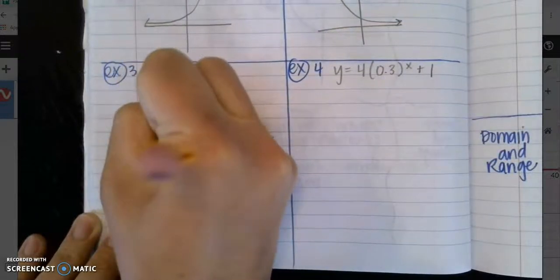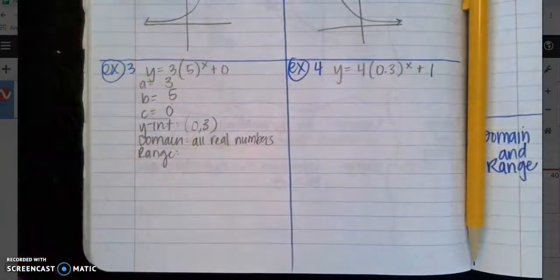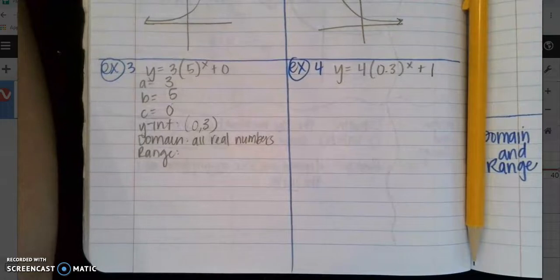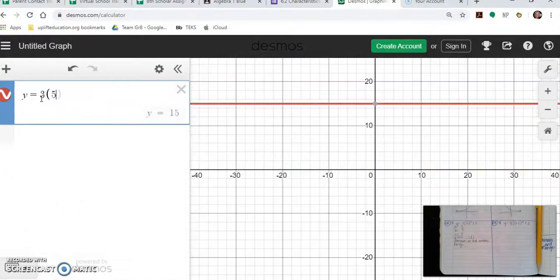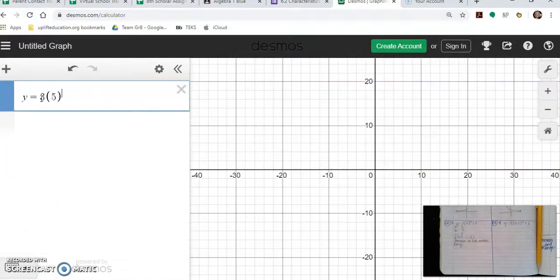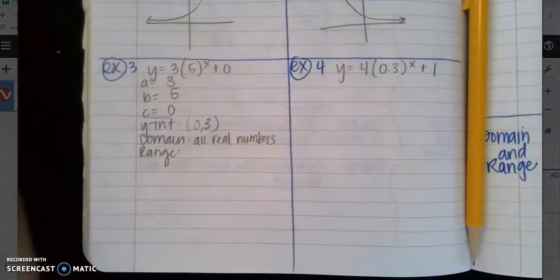My range, I'm going to have to get after I graph it. So now I'm going to go to my graph. Y equals 3, parentheses 5, to the x. And I can always check my y-intercept, yep, at 0, 3. My range values are going to be everything greater than 0 again. Your range is oftentimes going to be y is greater than 0.